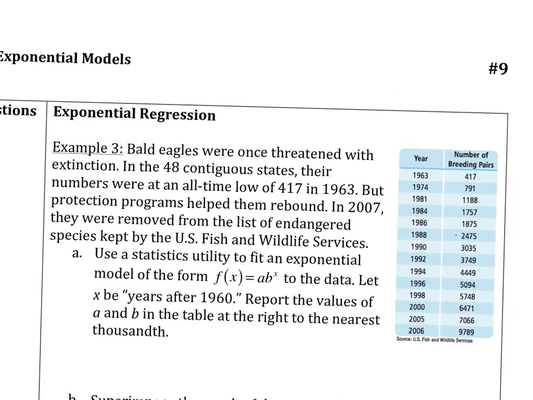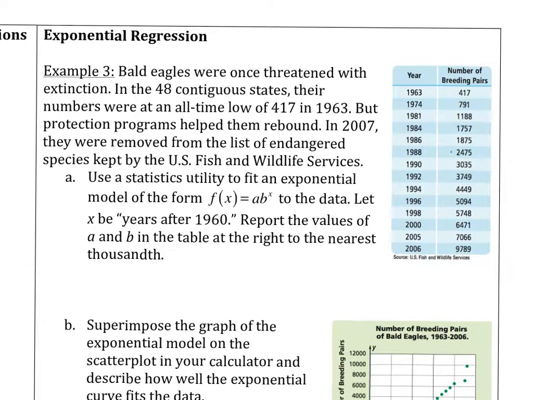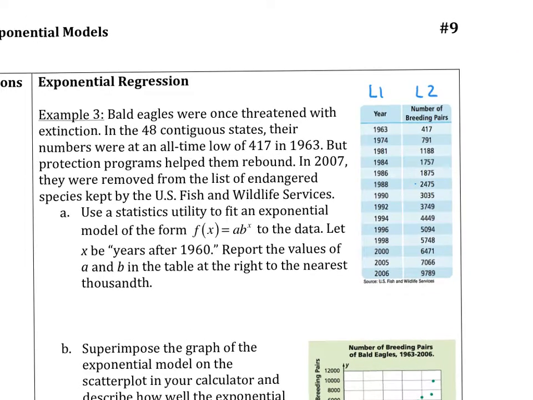All right, we're going to use our handy-dandy calculators for this next one, and you've already done the whole process. And the whole process is simply this. Number one, we're going to enter stuff into L1 and L2 in stat edit. After that, you're going to go to stat calc.